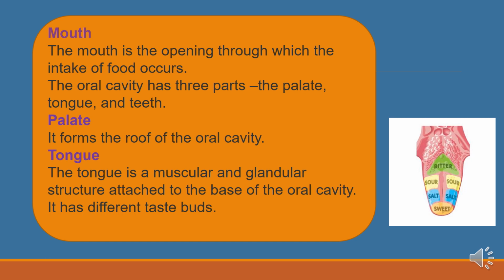At the sides there will be taste buds for salty and sour, and at the back there will be taste buds for bitterness. The tongue also helps in making the balls during mastication of food, due to which these balls can pass very easily through the esophagus. So the tongue is very important for digestion.